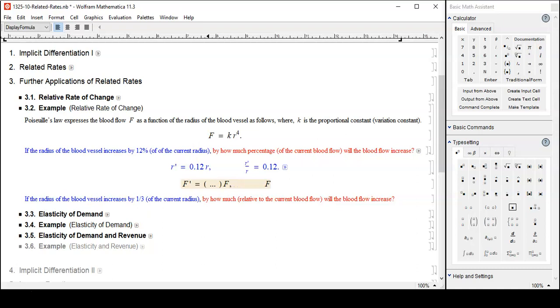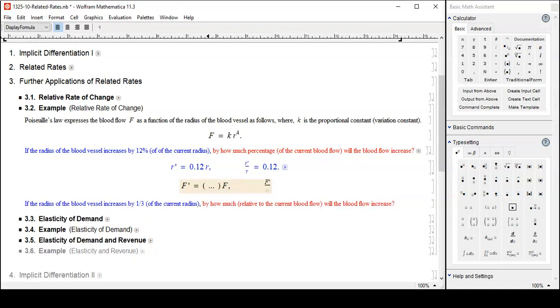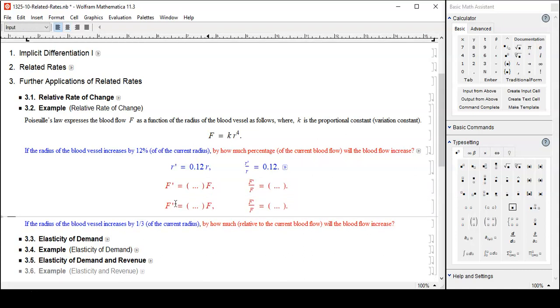In short, f prime over f is something, and that's something we have to find out. Make sense?